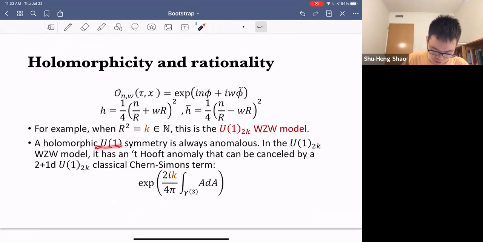In this case, there's a holomorphic U1 current. And notice that a holomorphic U1 current is always anomalous. This is like the chiral anomaly, the 2D version of the chiral anomaly.